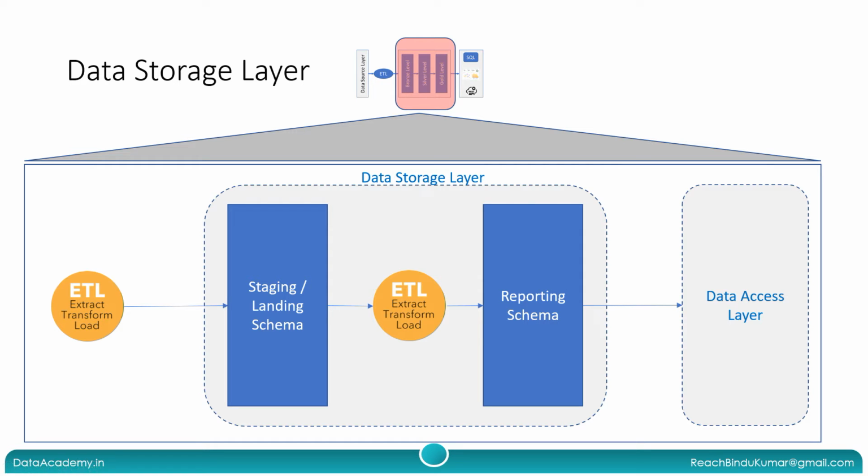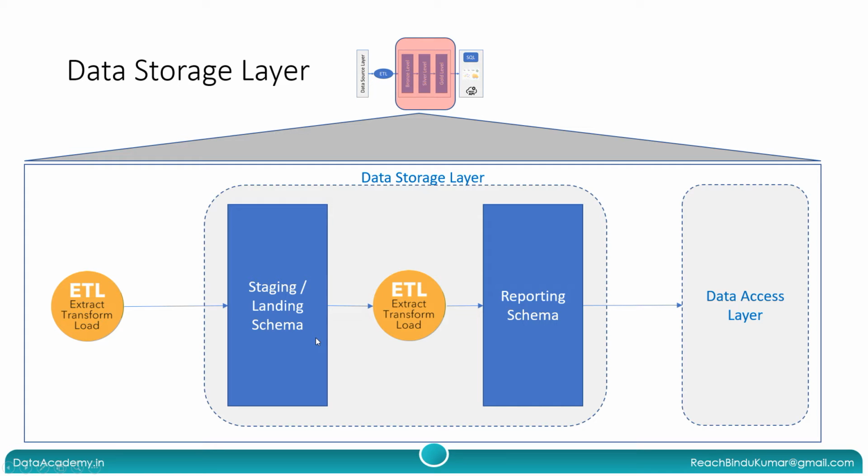Staging or landing schema is a schema or a database where you store the data as it is collected, right? You're not yet doing any kind of data enrichment or data cleaning, none of that is happening here. The data that you collect, you just store it as is. Hence, it is called a staging and a landing schema.